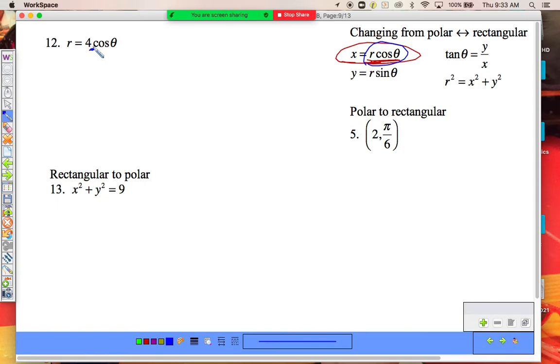Okay, I can divide by 4. Okay, let's do that. Don't do this, just follow with me. All right, if I divide by 4, I get this. Then move the R over.